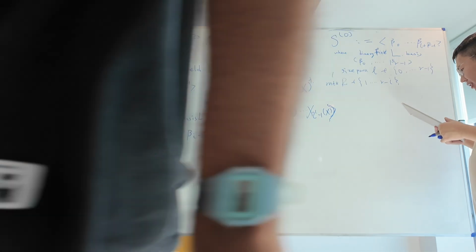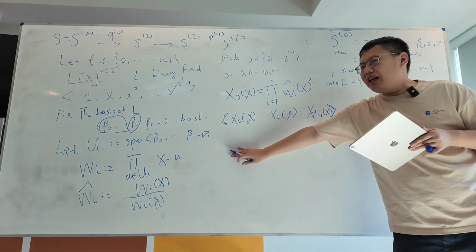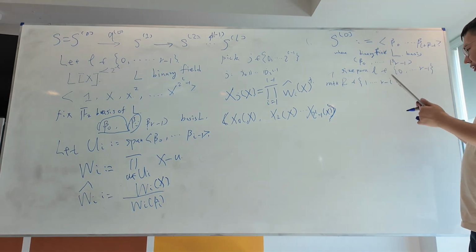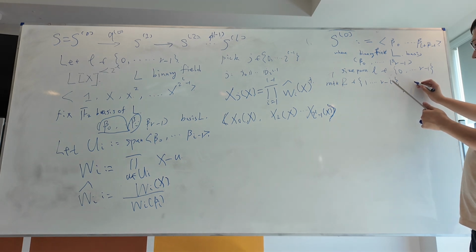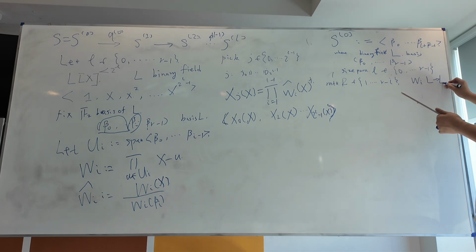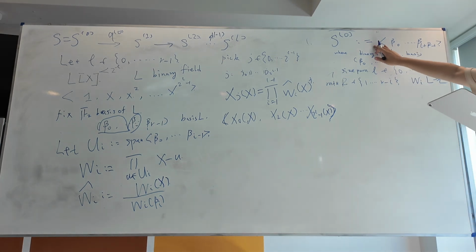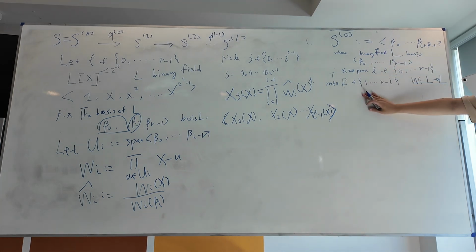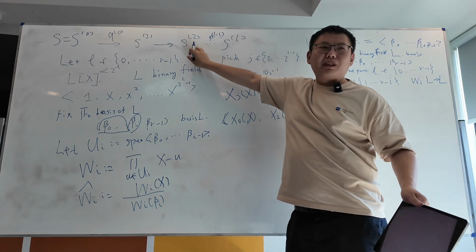Okay, so now we view these W's as linear maps from L to L. Since we have this S, I'm going to show how we construct these projections.